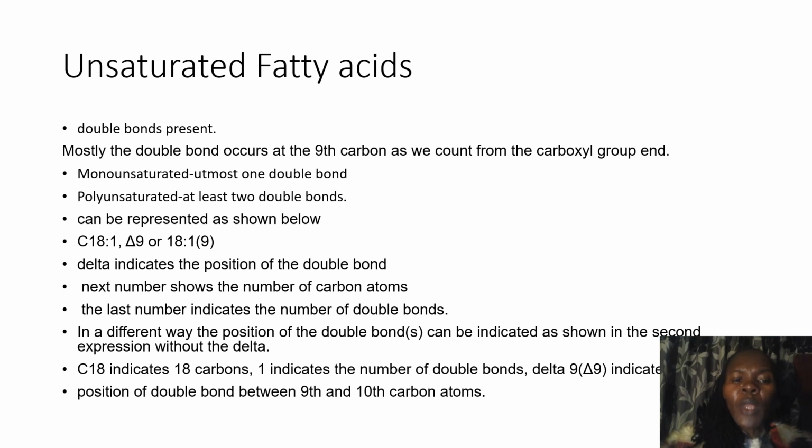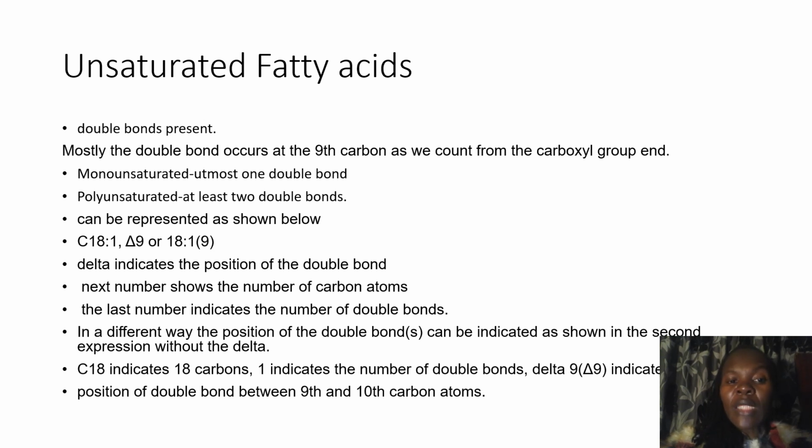So when we are drawing our structures, it can show C18 colon 1 delta 9, meaning our fatty acid has 18 carbons inclusive of methyl and carboxyl end. Colon separates the number of double bonds from the number of carbons. So it has 1 double bond. The delta will indicate the position where the double bond is.